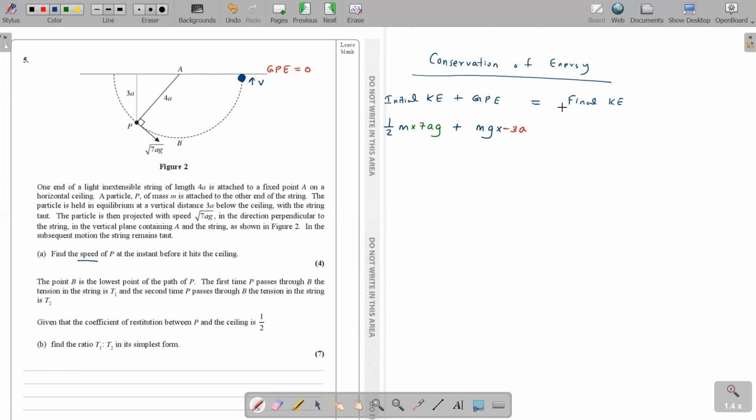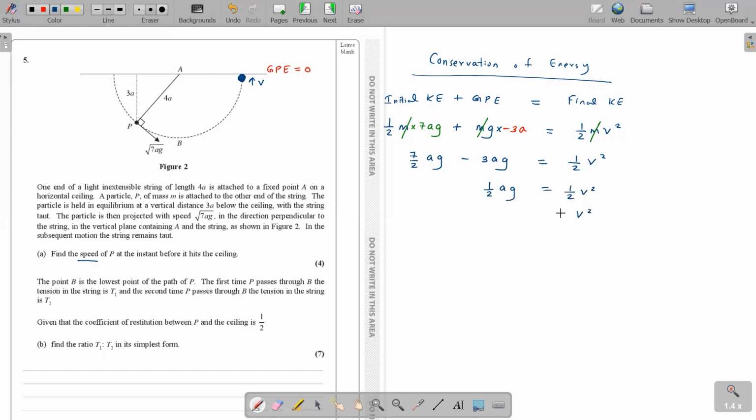Then the next one equals to final kinetic energy, which is half mv square. So we'll cut off the m value. We get here 7 over 2 ag minus 3 ag equals half v square. 7 over 2 minus 3: 3 is 6 over 2, so 7 minus 6, that is half ag, right?